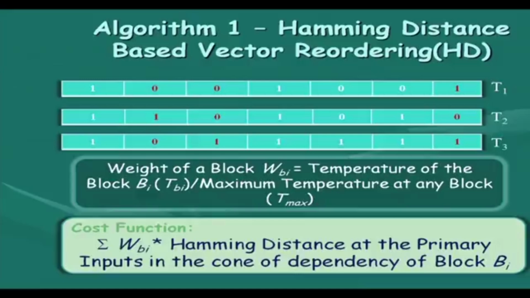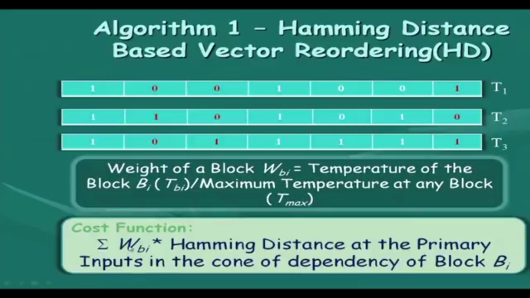So, how critical is that block's temperature? That is the weight of the block, computed as the temperature of the block divided by the maximum temperature value.